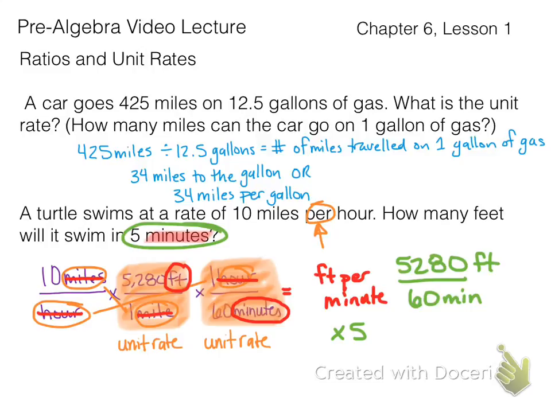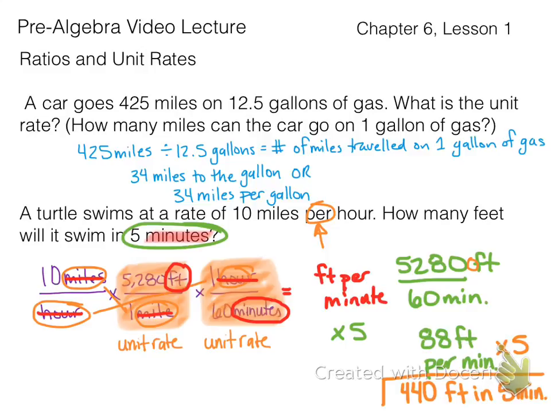So that's supposed to have an extra 0 in there. And I don't know if when I did my math earlier, if I actually got that in there. So 52,800 divided by 60 is not 88. It's 880.